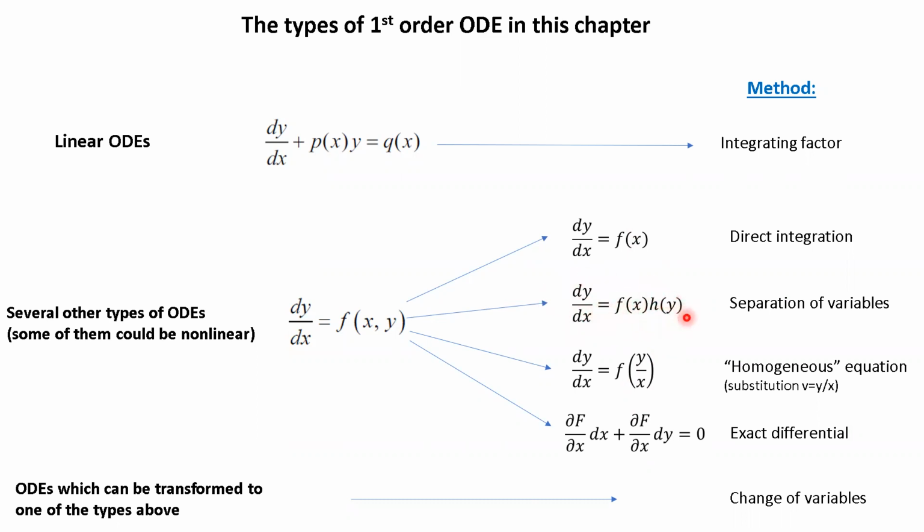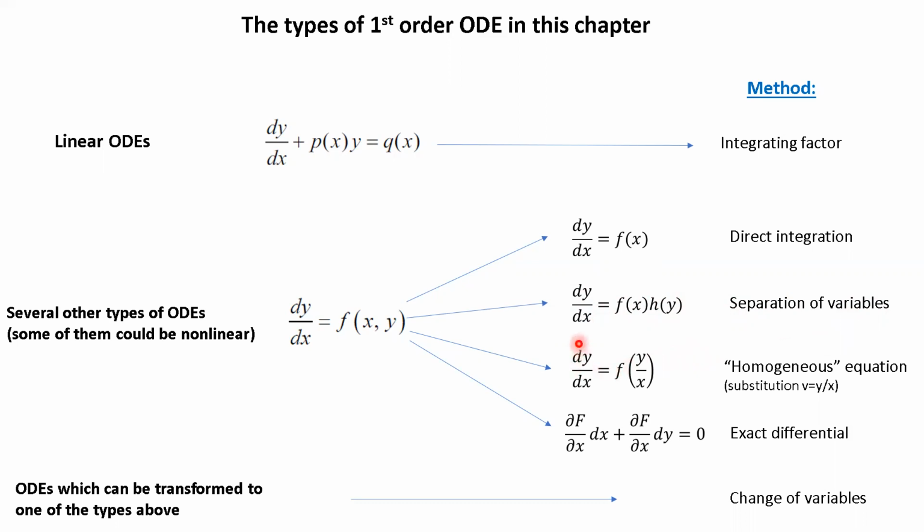These two can be nonlinear, depending on what your f function is. If this f function is x squared, or sine x, then this one is already nonlinear. Also here, if your h of y is not just y but y cubed or y squared, then this whole thing is nonlinear. In this one, we will have this method of separation of variables, which I will talk about.